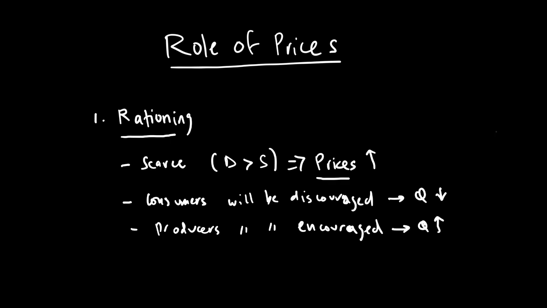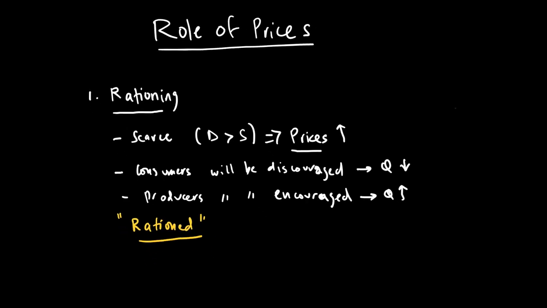So the greater the scarcity or relative scarcity, the higher the price, and the more resources will be rationed. The keyword that we use here, ration, means distributed or allocated towards that good.